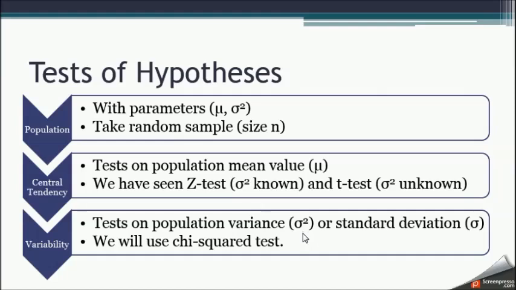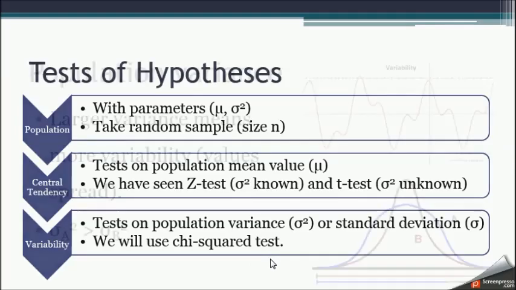Previously we have used the normal distribution, or z-test, and the student t-distribution for the t-test. Now we are going to use another distribution, which is called the chi-square distribution, to perform the chi-square test on the variance value.